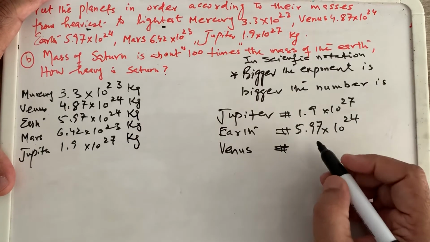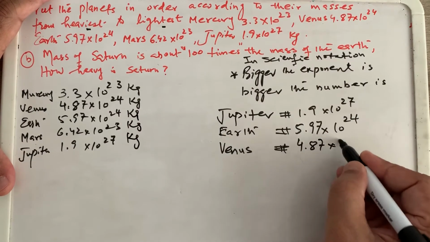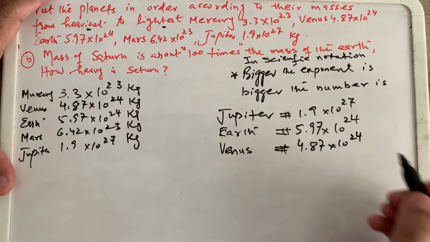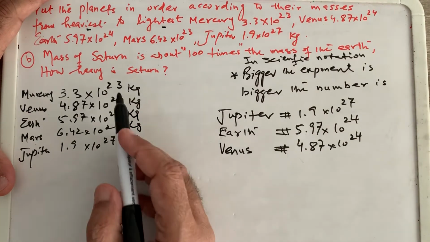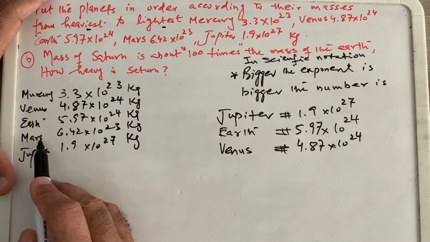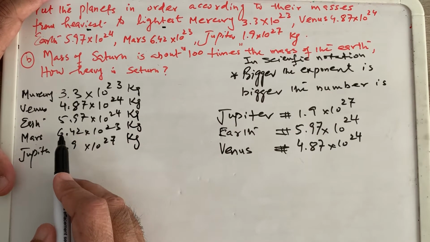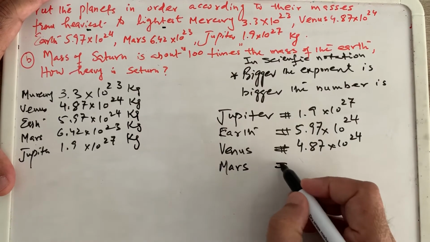This mass is 4.87 into 10 to the power 24. After 10 to the power 24, what is my exponent? My exponent here is 23 and 23. But Mars is bigger or heavier because of 6.42, so number 4 will be Mars.